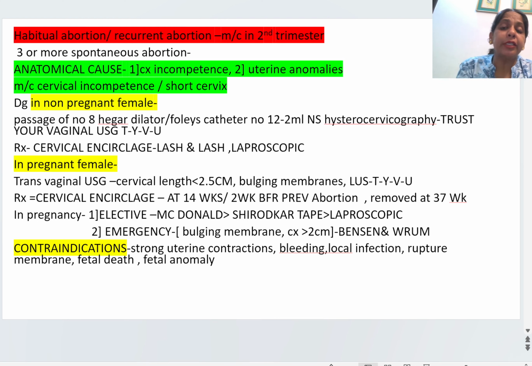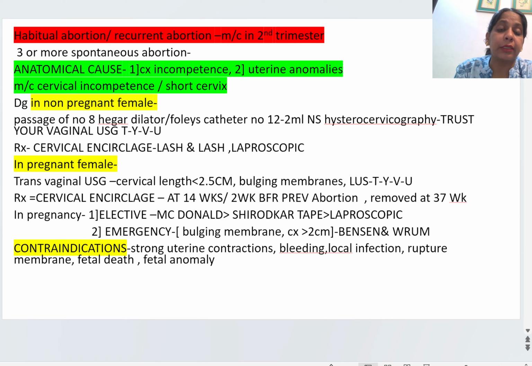The patient can come in a non-pregnant state or preconceptionally, or in a pregnant state. If the patient is in a non-pregnant state, we see whether the number 8 Hegar dilator, which is the thickest dilator, passes into the cervix easily.